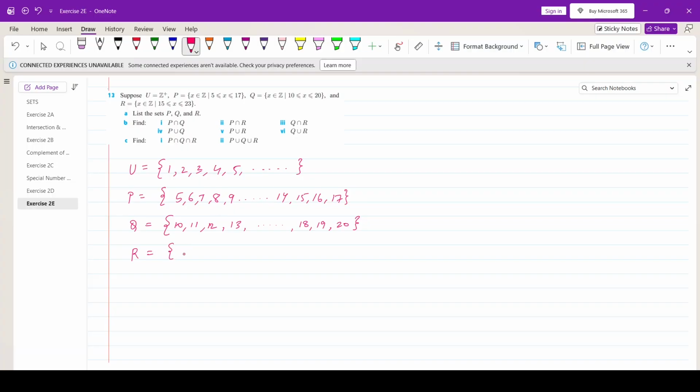So R is equal to a set of 15, 16, 17, and so on till 21, 22, 23. So question says, part A, list the sets P, Q, and R. So this is part A.